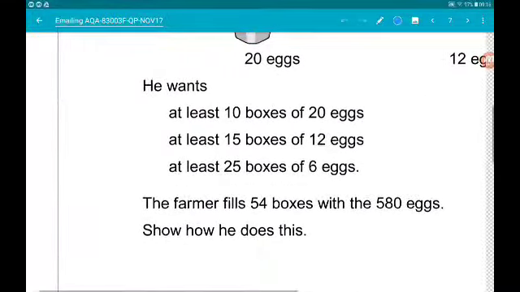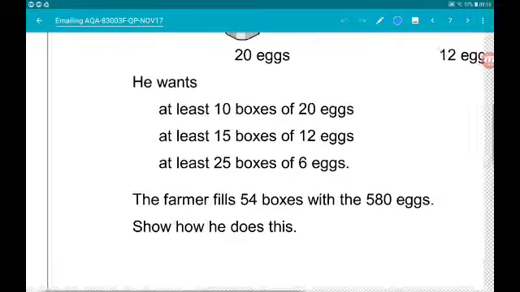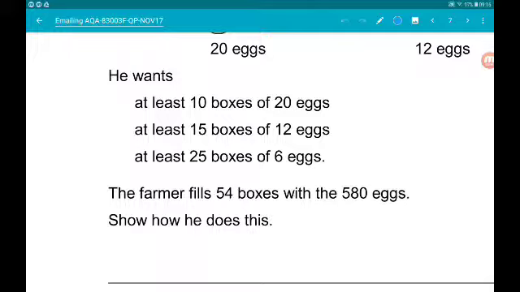He wants at least 10 boxes of 20 eggs, 15 boxes of 12 eggs, and 25 boxes of 6 eggs. Altogether, the farmer fills 54 boxes with eggs. We want to show how he does this.